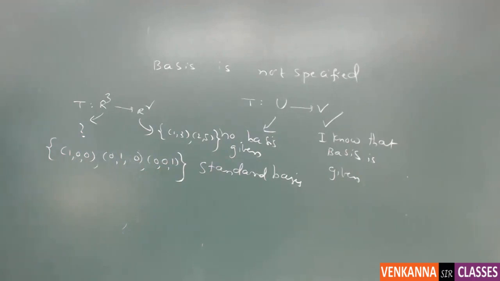So whenever one basis is not specified, we do the procedure by using the standard basis. Please take a note of it. And I already mentioned that when only one basis is given, it is an operator. So T from R cube to R cube and R square to R square. In such cases, we do the same procedure for a single basis only. So for that, let us take one sample problem which gives an idea for us.